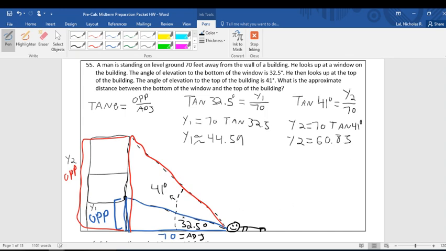And the distance between the bottom of this window and the top of the building, just visualize that from the top of the building to the bottom of the window.